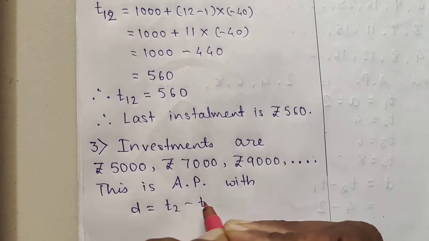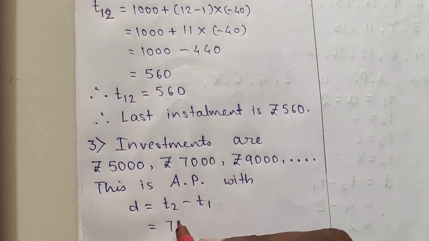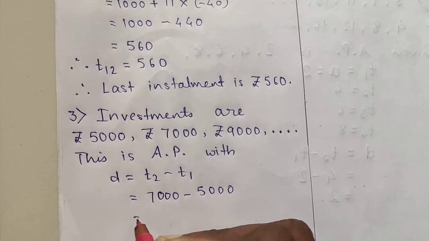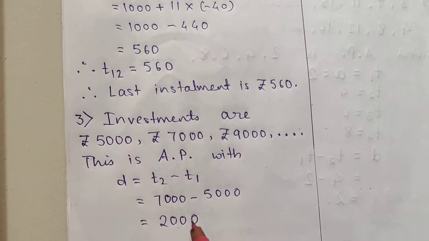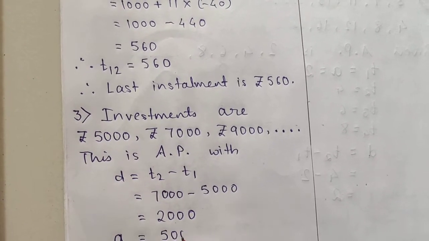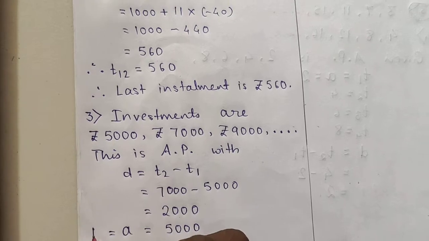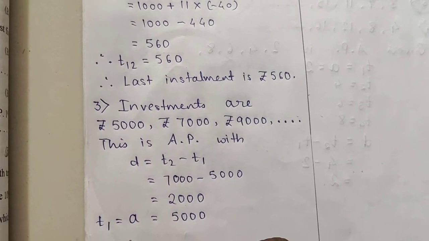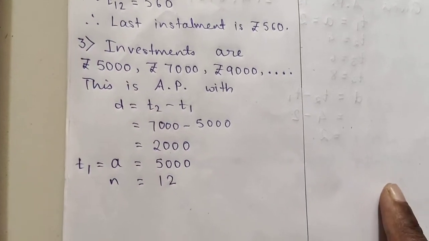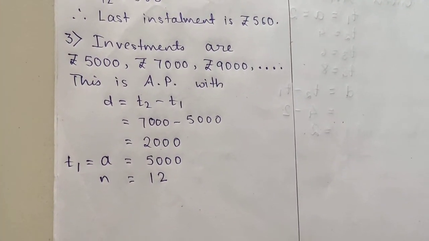If you want, you can find out T2 minus T1, 7000 minus 5000, so this becomes 2000. Now what is the first term? 5000, you can call it T1 also. And how many years do we want? 12 years. In 12 years how much has he invested?